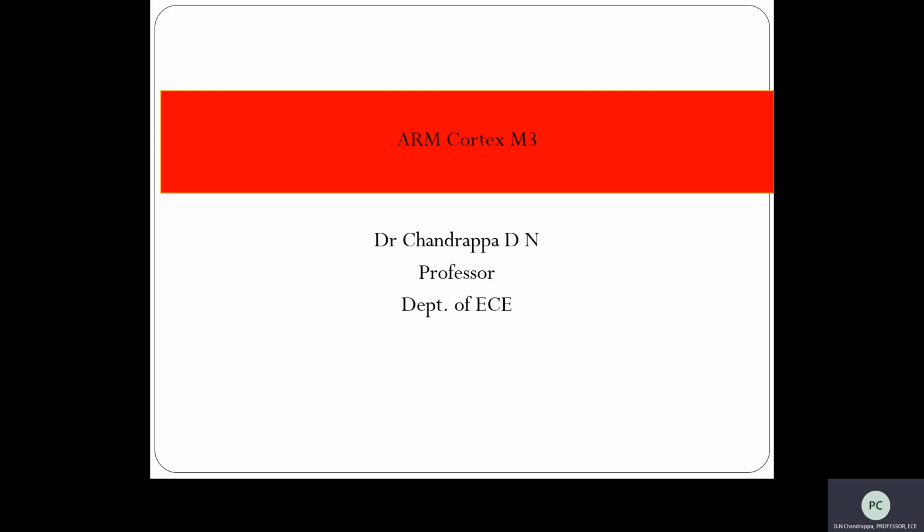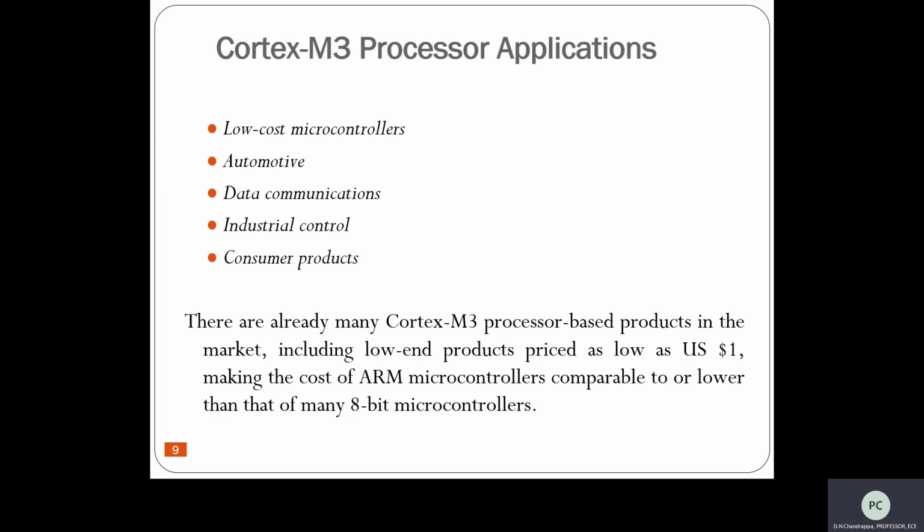In this session, I'm going to explain about Cortex M3 processor applications and then the architecture of the Cortex M3 processor. Okay, now I'll come to the first topic, applications of the Cortex M3 processor. Mainly, we have 5 main areas of applications.